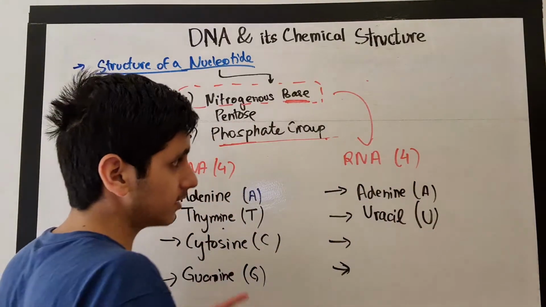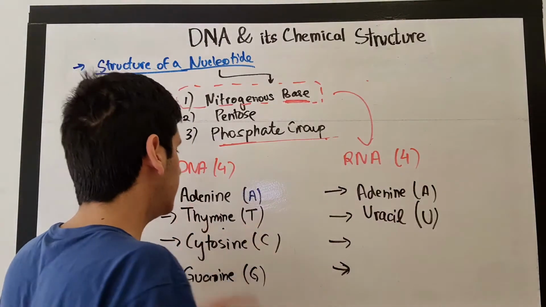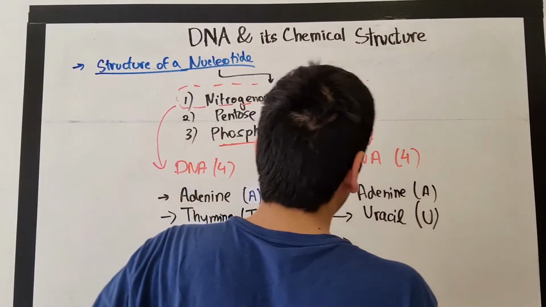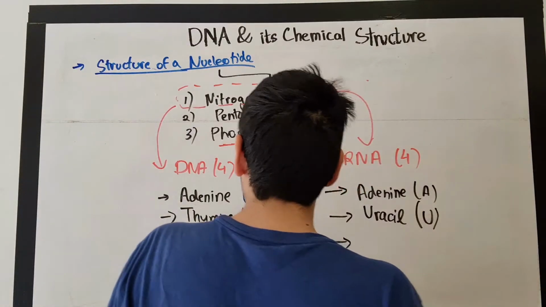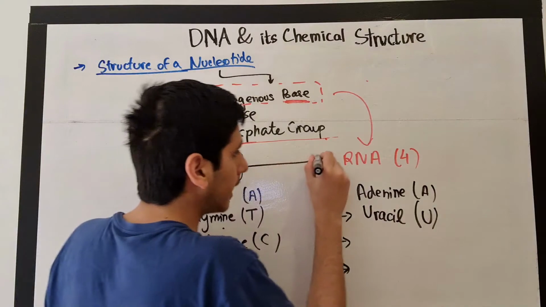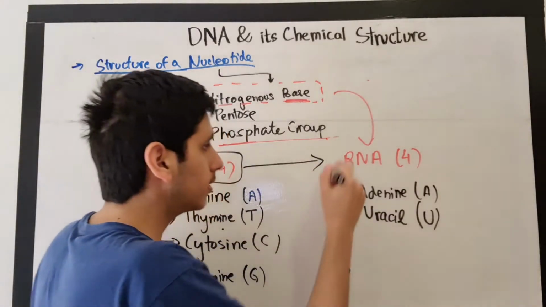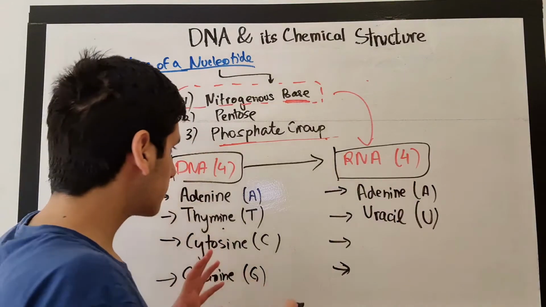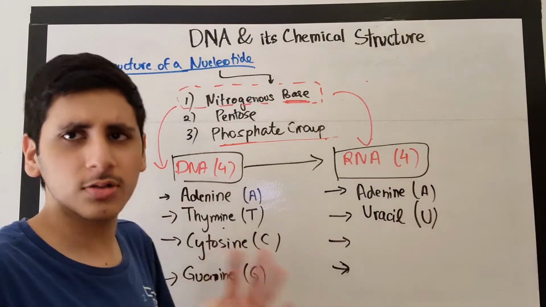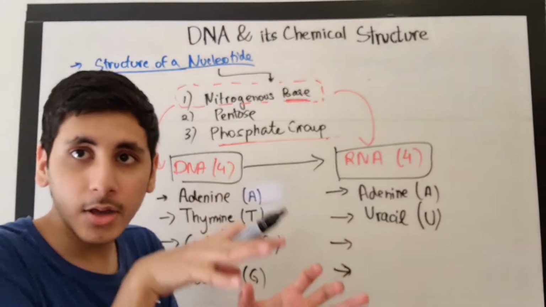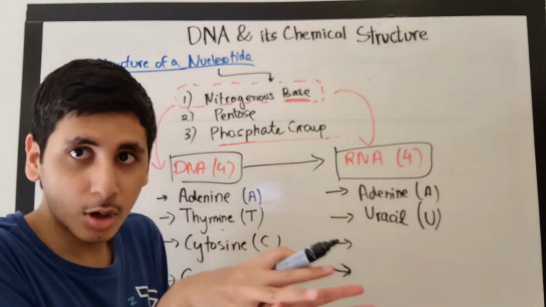Uracil is present in RNA but not in DNA, and thymine is present in DNA but not in RNA. So when we convert one nucleic acid into another, from DNA to RNA, we're not just changing the structure or the function, we're changing the fundamental composition.